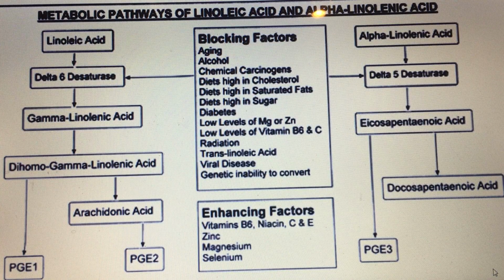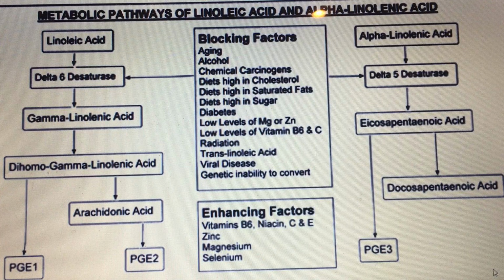Okay, and this is basically the same chart, only it's flipped. On the right side now are the omega-3s, and these are the omega-6s, but it's basically the same chart. The reason I put this one up is because it shows the blocking factors that make the process of converting those fats into DHA and EPA less efficient.